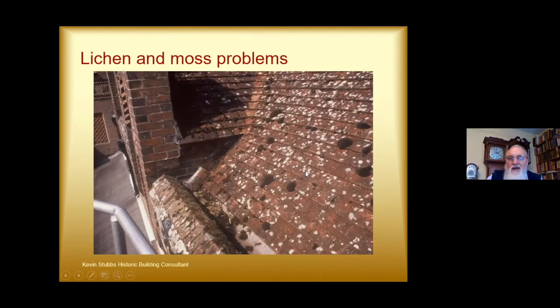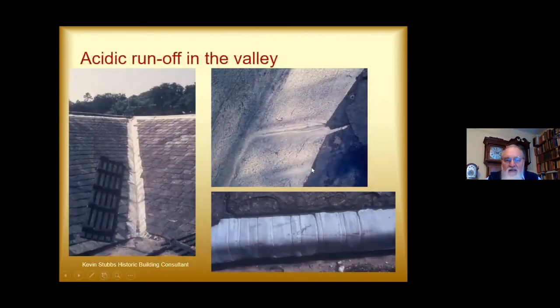But on those misty, damp days, you can get quite a concentrated acidic runoff, natural acids off the roof. And where you've got a drip point off the edge of a tile or a slate, you get a concentrated drip onto the lead work beneath, and this can eat a hole through the lead.